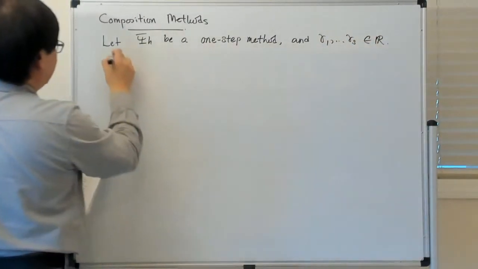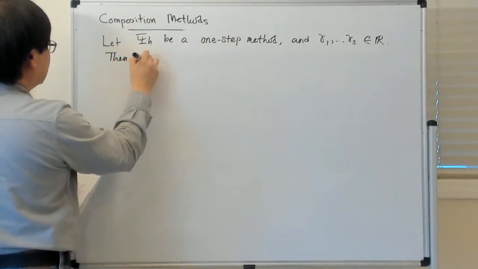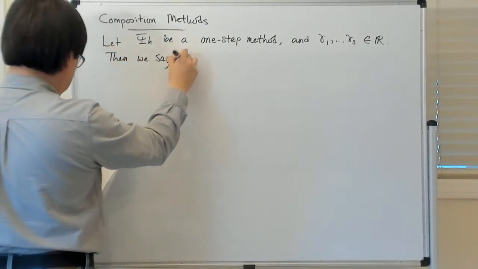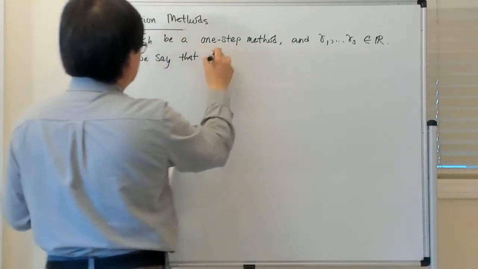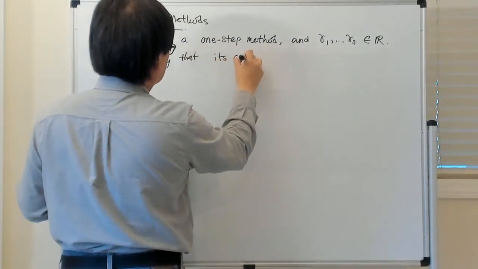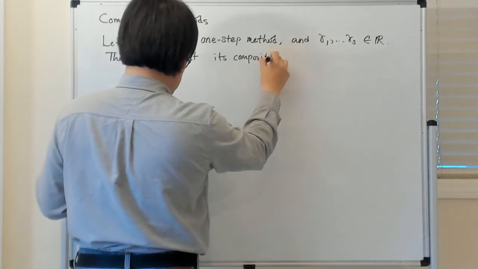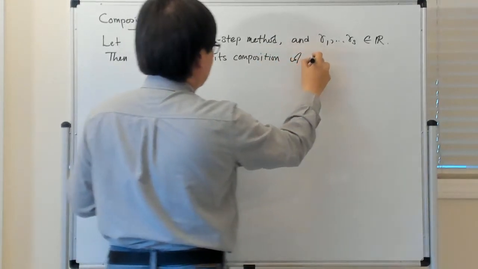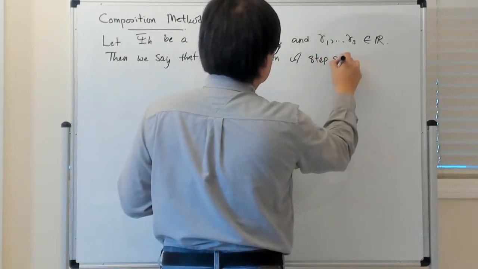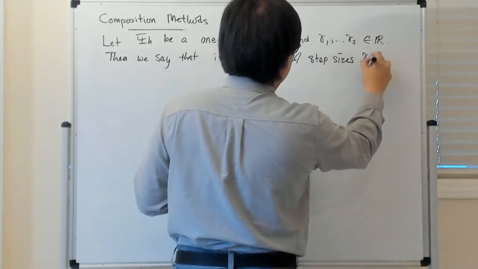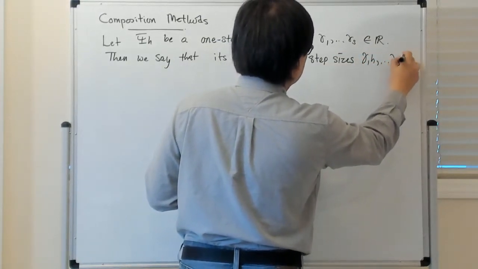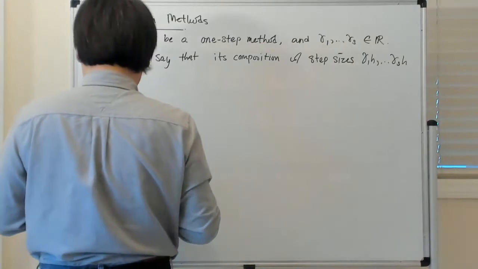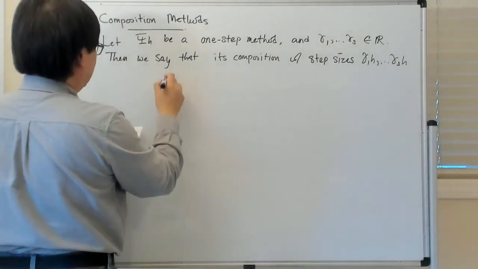Then we say that its composition with step sizes gamma 1h to gamma sh is the following.